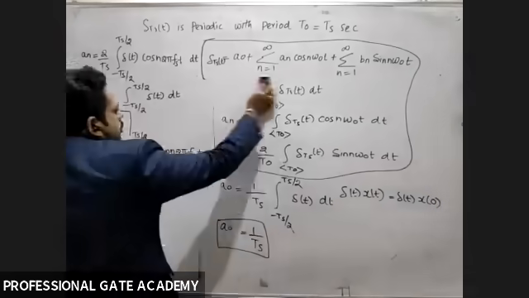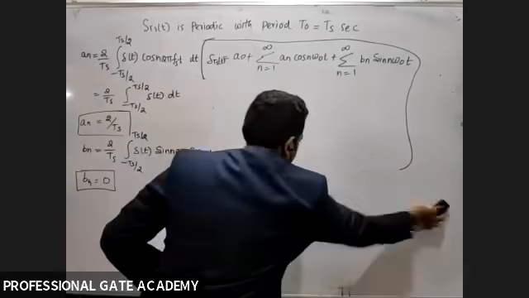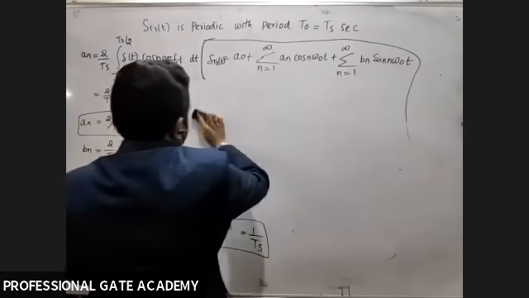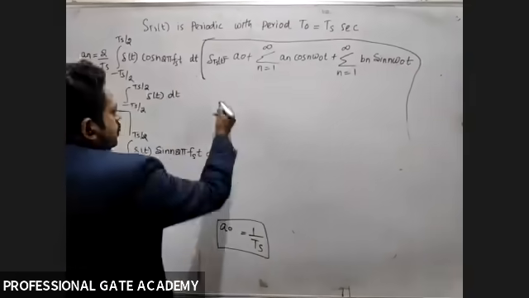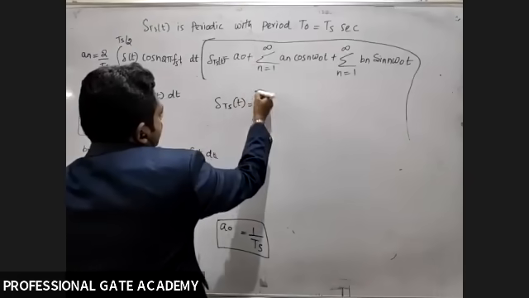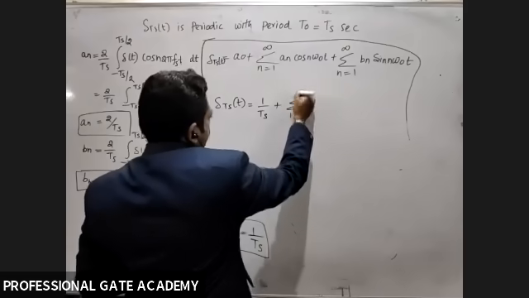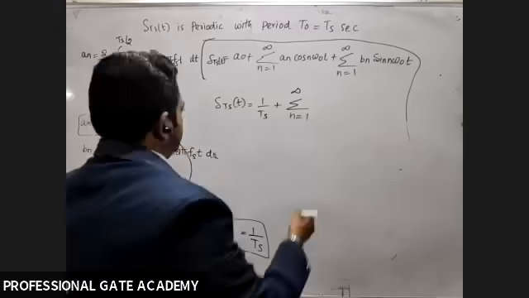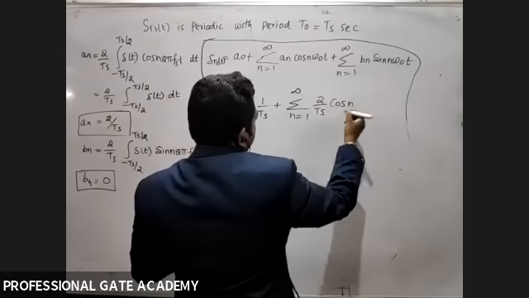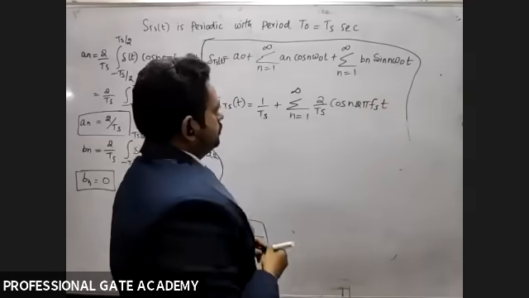Therefore, A naught, An and Bn are calculated. So del Ts of t is equal to A naught, which is 1 by Ts, plus summation n from 1 to infinity of An, which is 2 by Ts, cos n omega naught t.